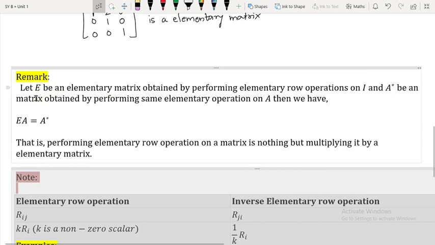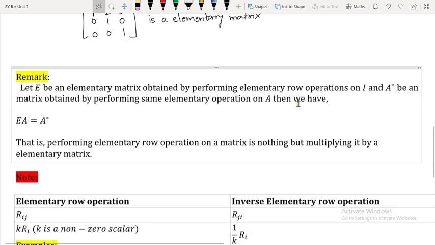The notation used for it is E. Since it is an elementary matrix, obviously it is obtained by applying some elementary row operation on I. So that is what is said here: let E be an elementary matrix obtained by performing an elementary row operation on I, and A star be a matrix obtained by performing the same elementary operation on A, then we have EA is equal to A star.